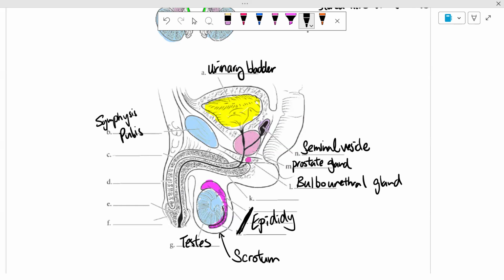I always have trouble remembering where the Y and the I goes. Okay, it's all I except for this one. Epididymis. Okay. What else do we have? We have K. K is the urethra.